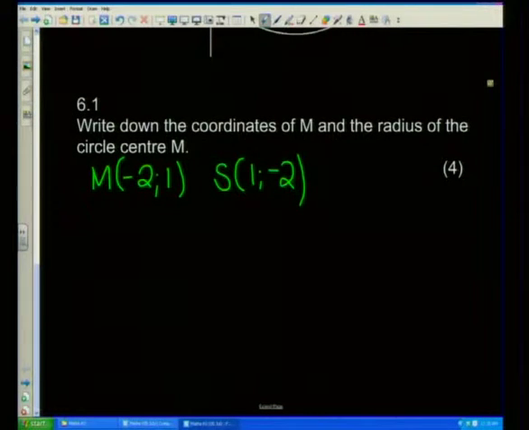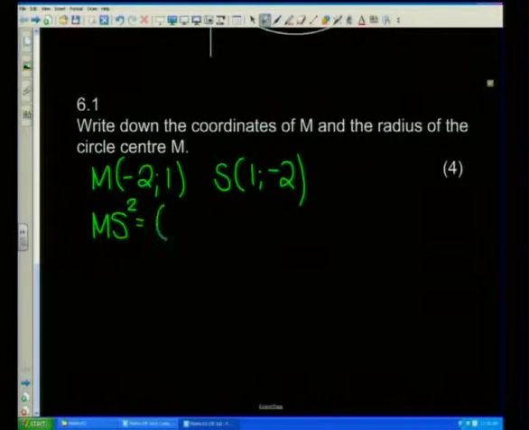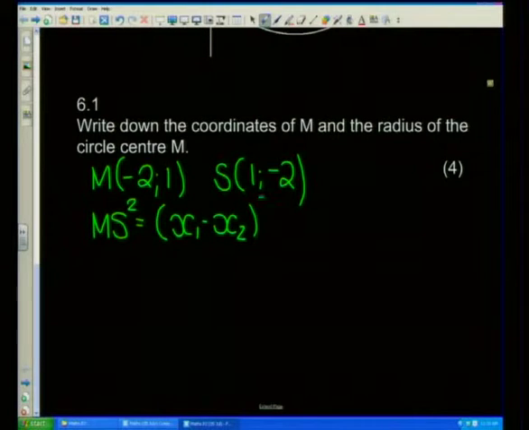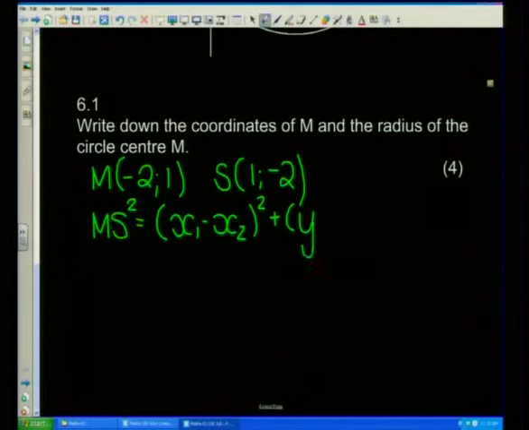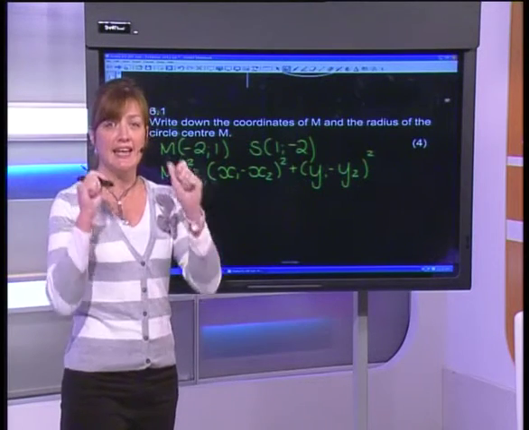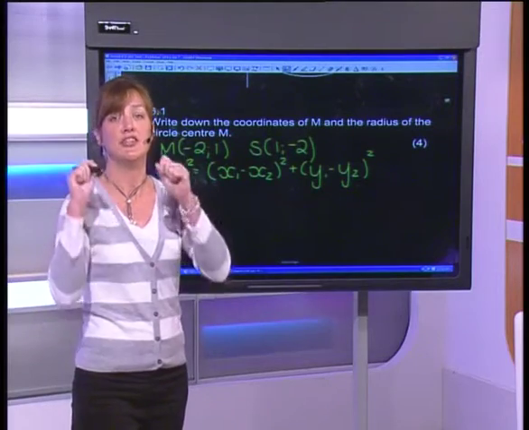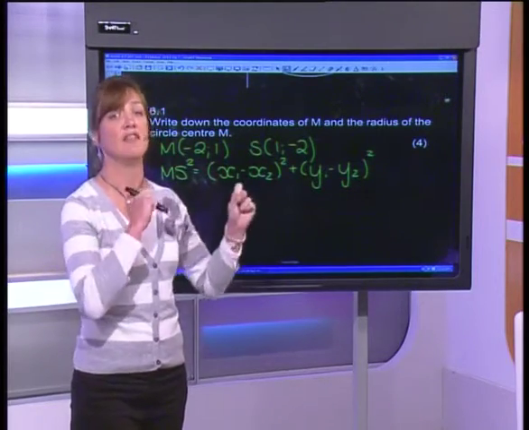Right, so distance formula. My distance from M to S squared is going to be equal to x1 minus x2 squared plus y1 minus y2 squared. At this point, please just take an extra moment to be careful that you're substituting the right value into the right place.